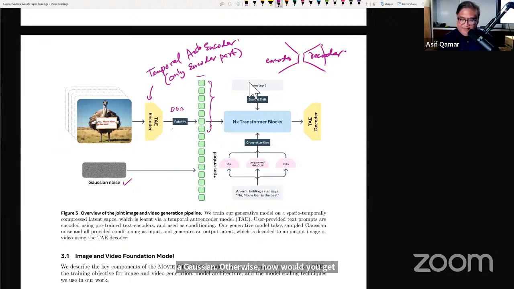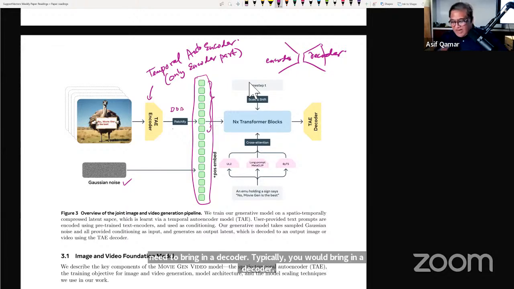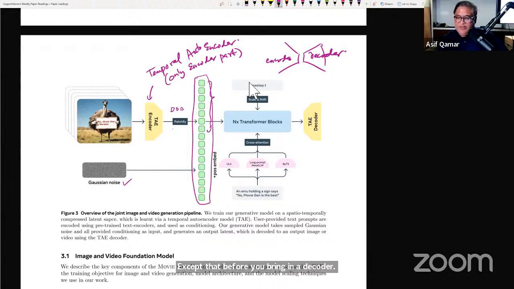Now, once you have this encoding, this represents your video. This is the stage where you need to bring in a decoder. Typically, you would bring in a decoder, which is your standard decoder. So here they're using Llama 3 video.